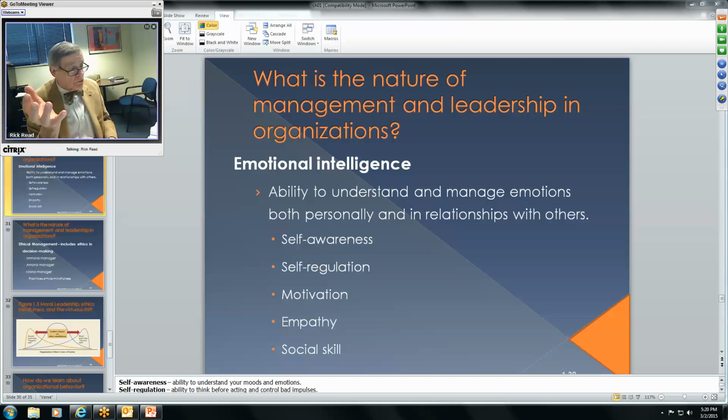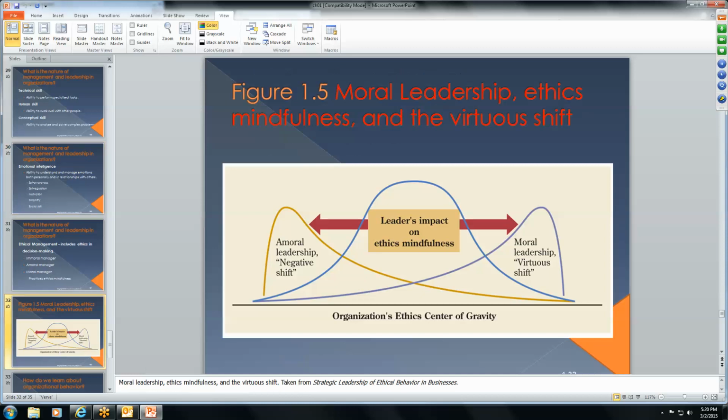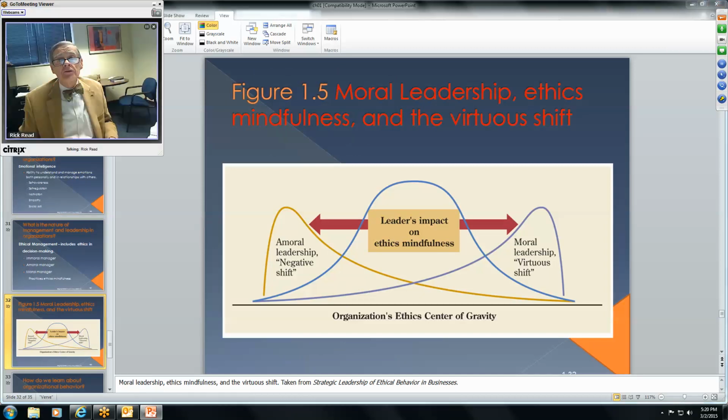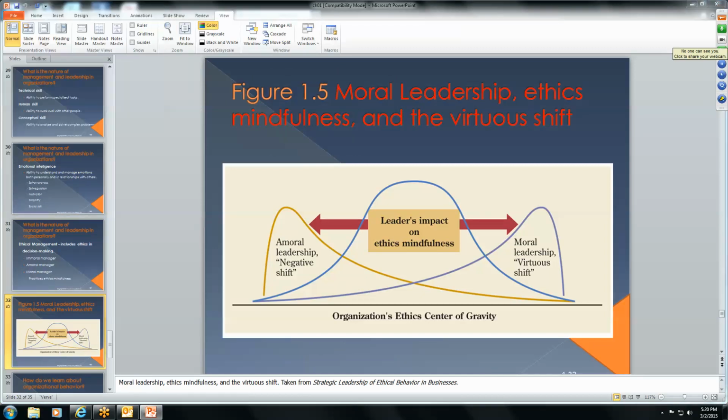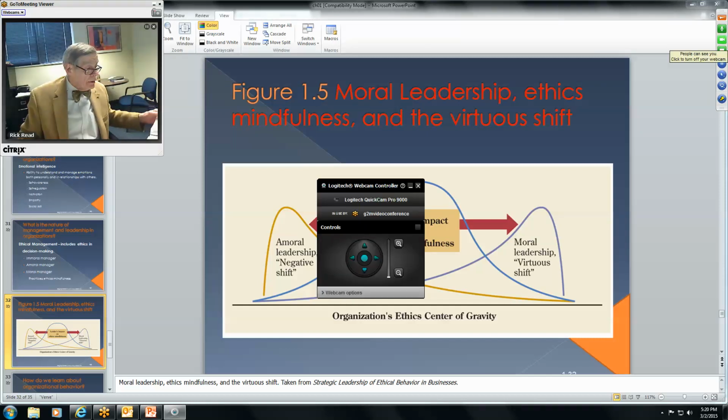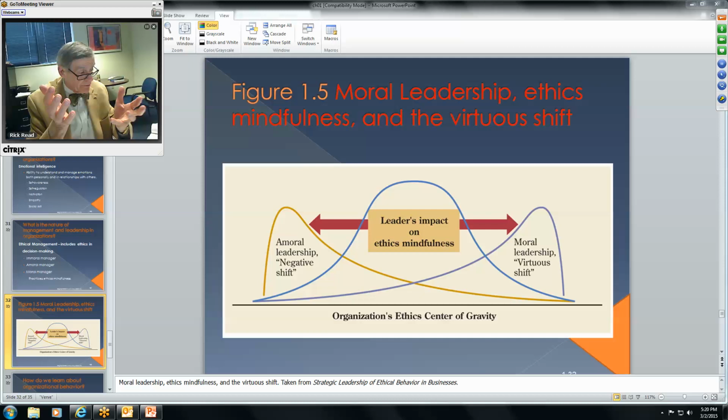We're coming close to the end of this chapter and what we want to speak about. This is a figure that you can see on page 17 in the text. And this is ethics. We go from ethical person here in the middle, moral leadership, virtuous, and then amoral, which means don't have any.